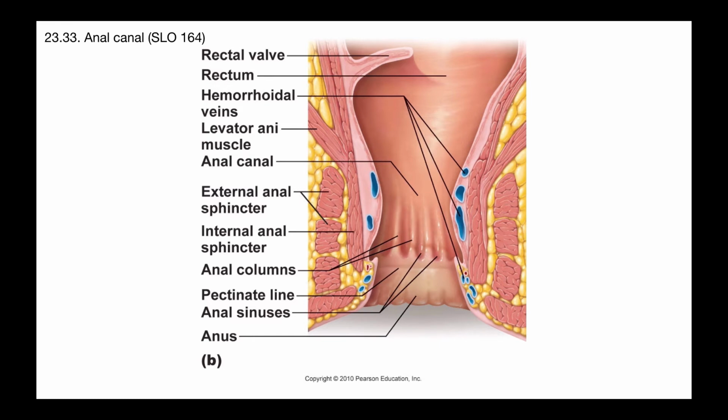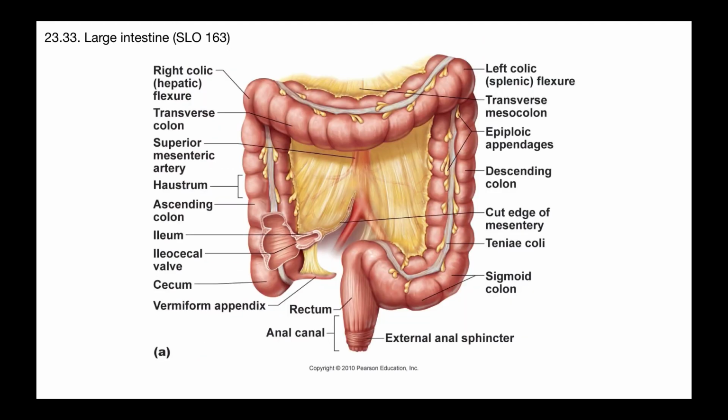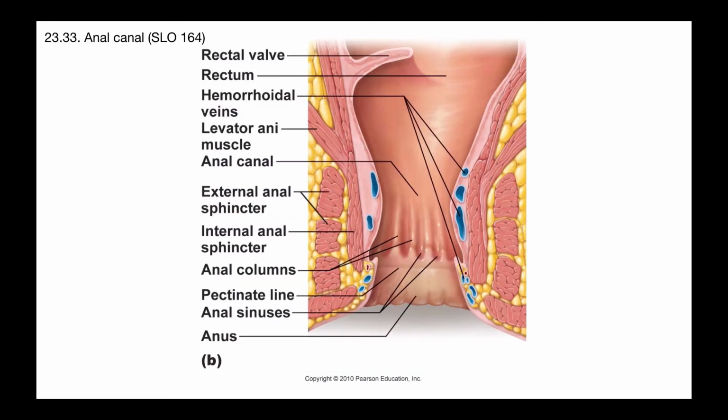Now, the external anal sphincter, it's a little hard to understand in section here, but if we go back to the previous picture, you see how the external anal sphincter looks like it's wrapped around the rectum. That's what we're looking at here in cross section. So these muscles, as it turns out, are voluntary.